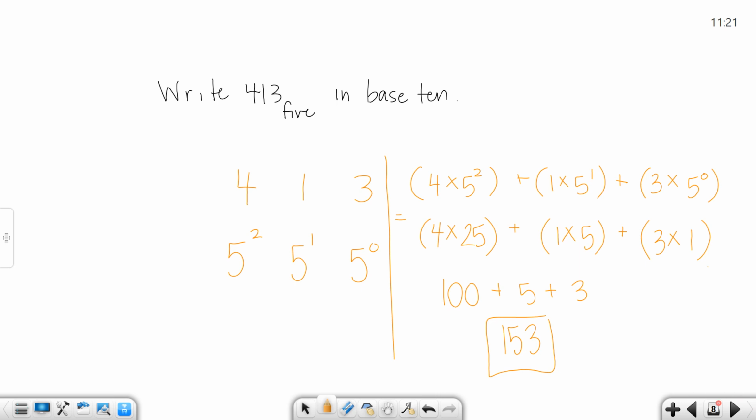What was I thinking? So you have 100, and then you have 5 plus 3. You don't have a 50 in there. 5 plus 3 is just 8. So if you add 100 plus 8, you get 108. And so that's how your answer should be.